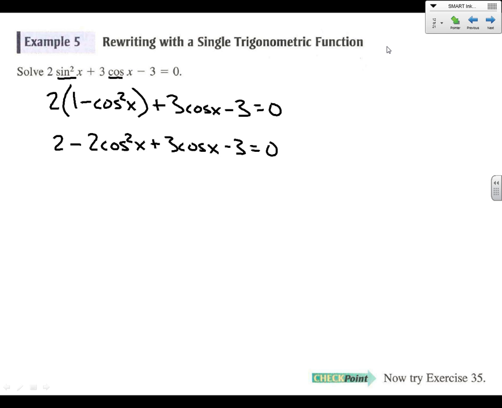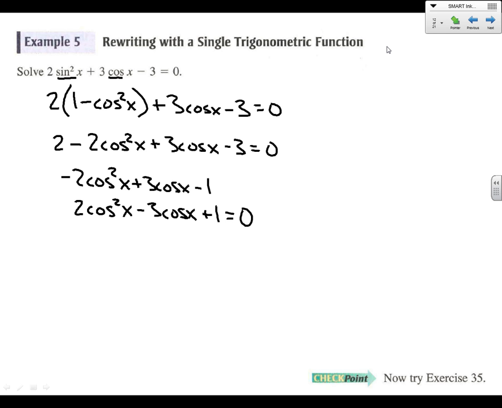Let's clean this up. Negative 2 cosine squared x plus 3 cosine x minus 1 now, right? And so we can move these all to the other side and change the signs. We get 2 cosine squared x minus 3 cos x plus 1 equals 0.